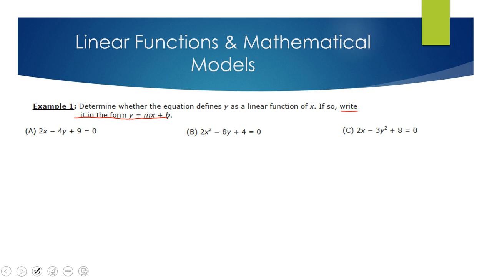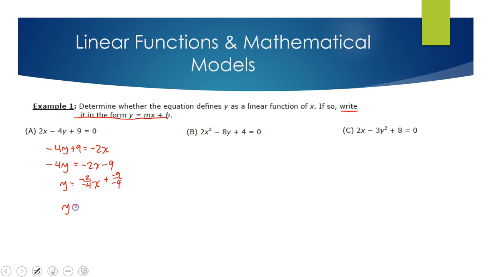So, for instance, if I look at the first one, if I subtract 2x from both sides, I get negative 4y plus 9 equals negative 2x. I subtract 9 from both sides, I get negative 4y equals negative 2x minus 9. Then if I divide both sides by negative 4, I get y equals negative 2 over negative 4 x plus negative 9 over negative 4, essentially.